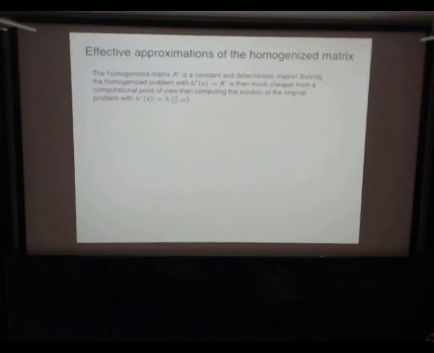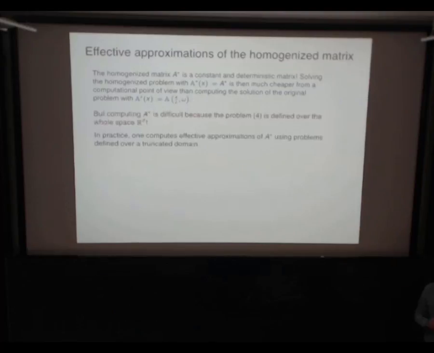So the good news is that A star is constant and deterministic, even in the stochastic case. And we have a PDE that gives us the solution for A star. However, this is on an unbounded problem. Okay, so once A star is known, then everything is fine, but to come to this problem, you have to solve a problem in the whole space.